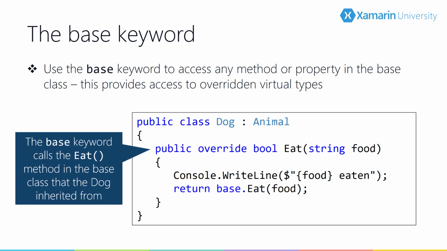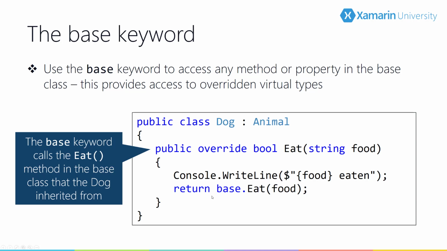Now here, the dog class inherits from the animal, but overrides eat. And instead of duplicating code, you can use the base keyword to call the base class implementation. This is useful when you want to extend the base class implementation.